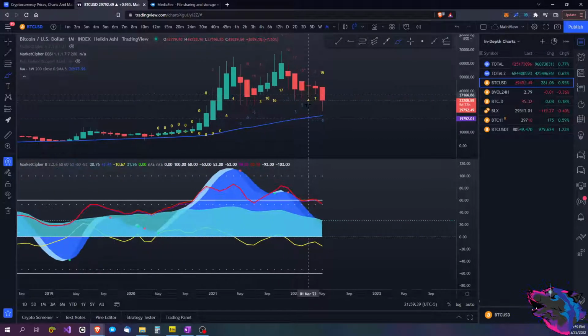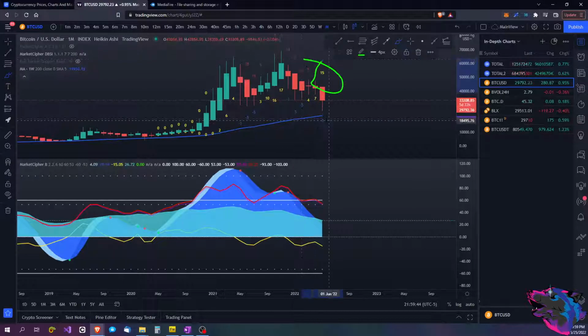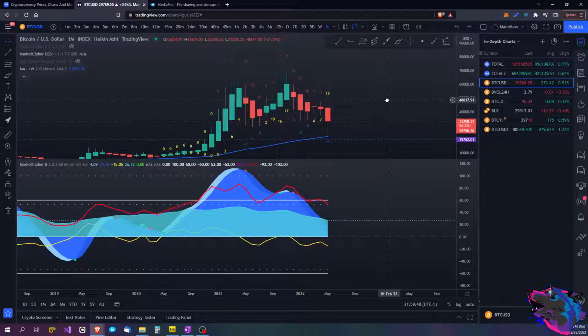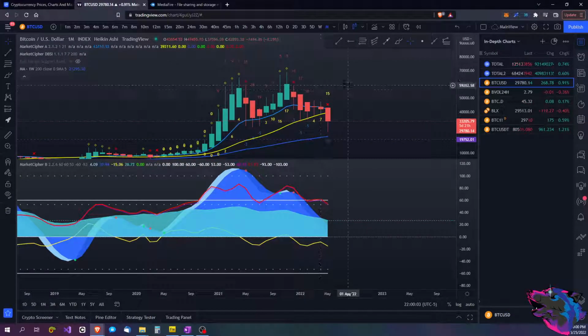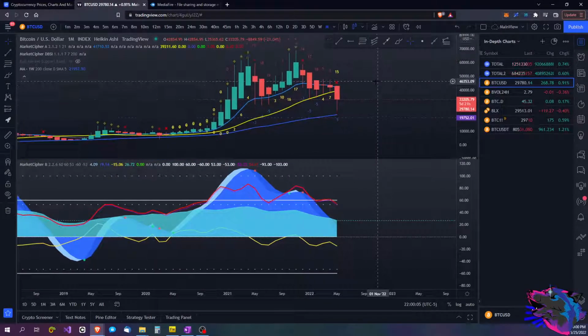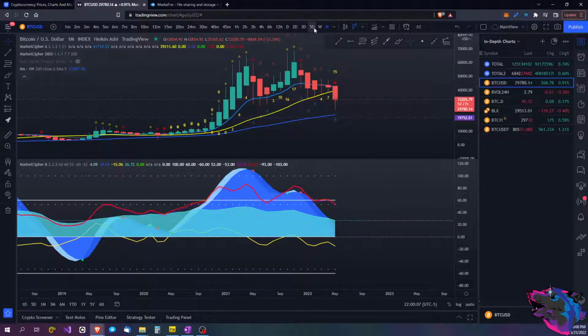Over here on the DBSI, 15, a fairly strong number to the downside. Like here, 14, 17, 18. Generally, when you're seeing 15s, you at least get a couple candles, but again, a lot can happen in a month, so nothing's set in stone at that point.